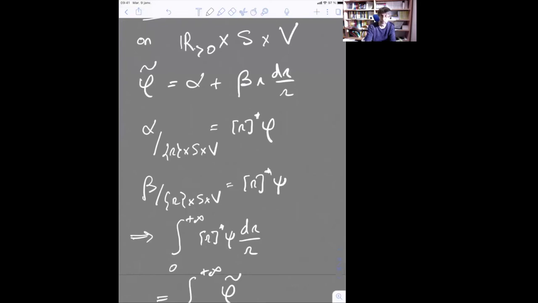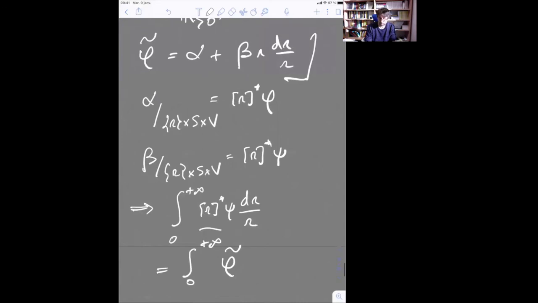Okay, if you integrate in the r variable phi tilde above here, then there is no contribution of alpha because there is no dr component here. So there is only the second part that occurs, and the second part is precisely this expression. So in fact, I could have written everything in terms of Thom form, and that will be important in the next lecture.